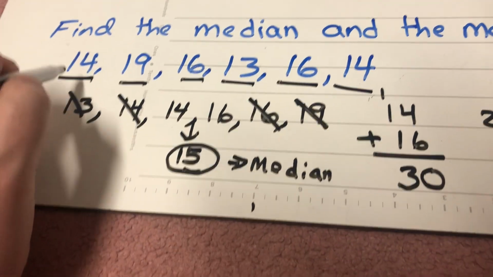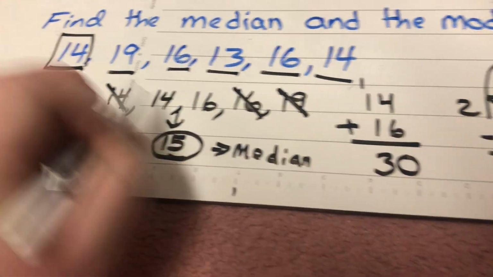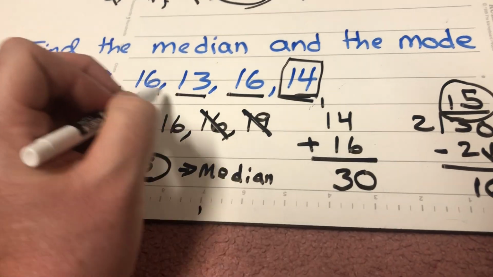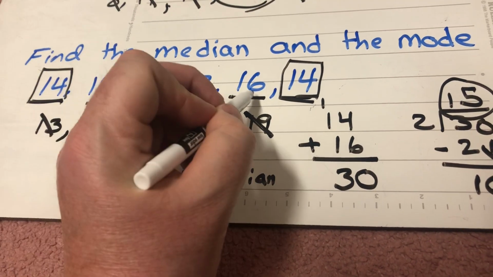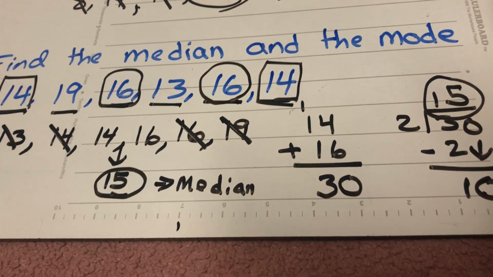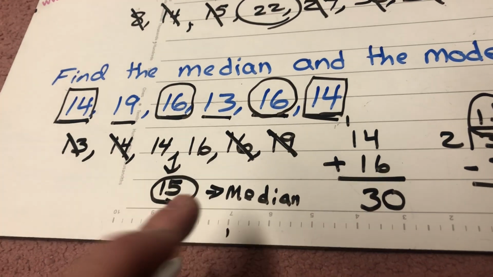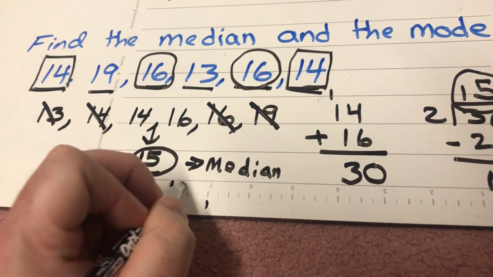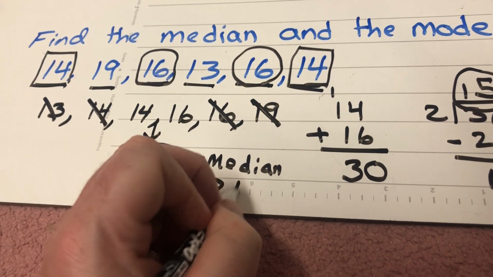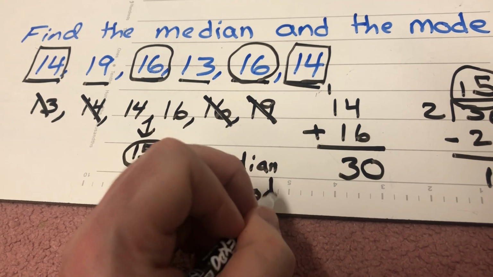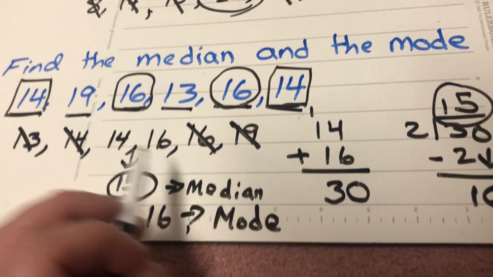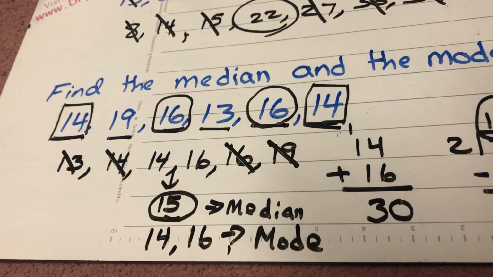I see that I have 1 14, 2 14s, but I also have a 16 and 2 16s. So you are allowed to have more than one mode. So in this case, both 14 and 16 would be considered the mode because they occur more often than any of the other numbers, and they occur the same amount of times.